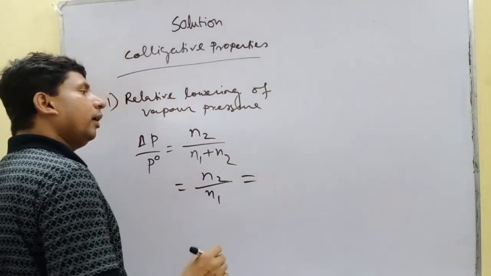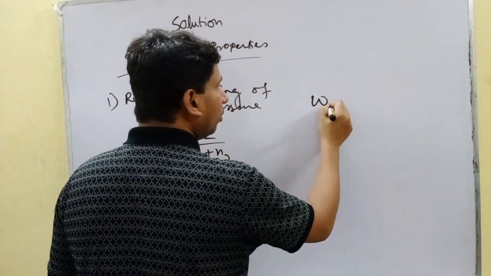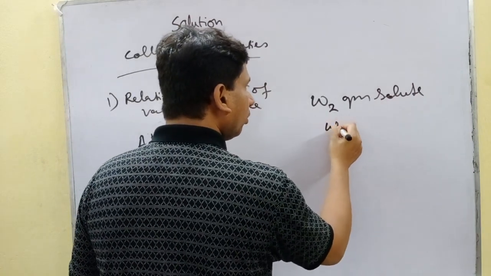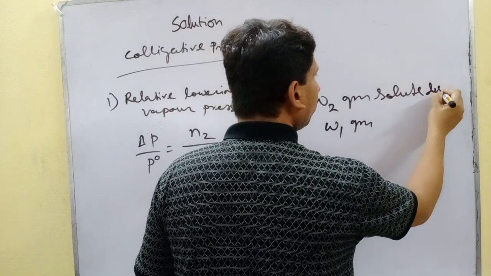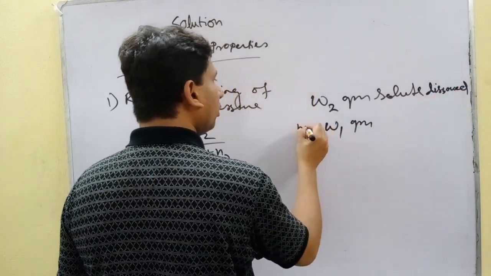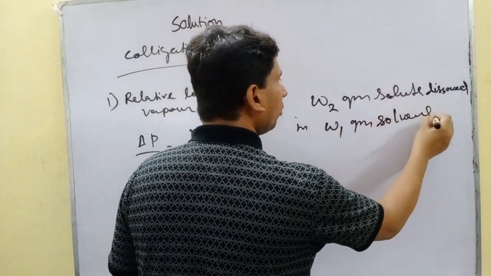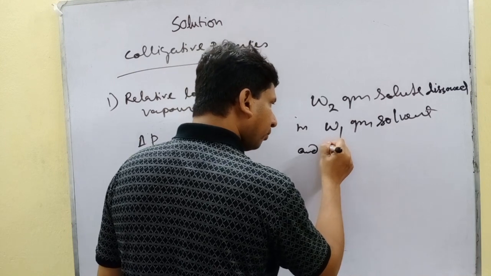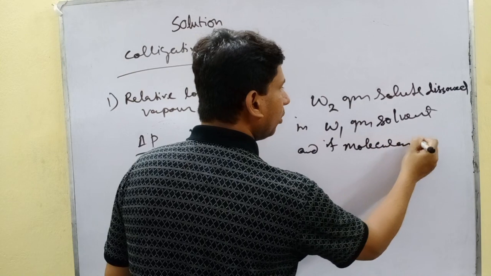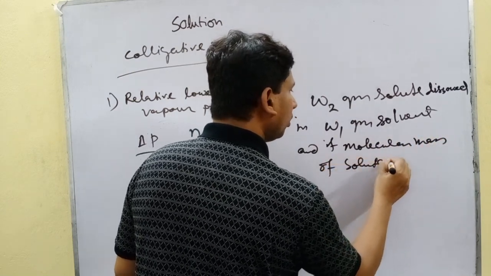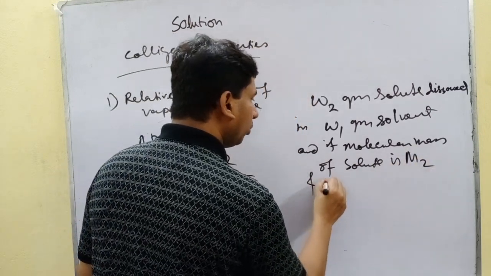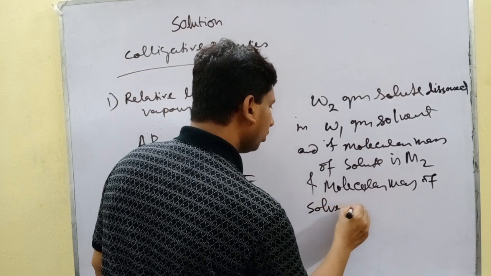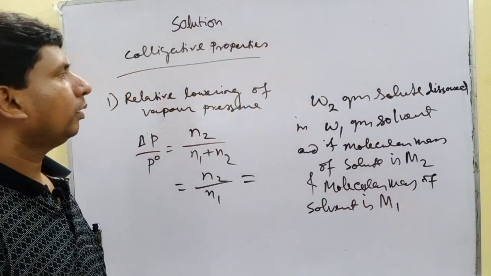Now what is this? If W2 gram of solute is dissolved in W1 gram of solvent, and if the molecular mass of solute is M2 and the molecular mass of solvent is M1, then what happens?